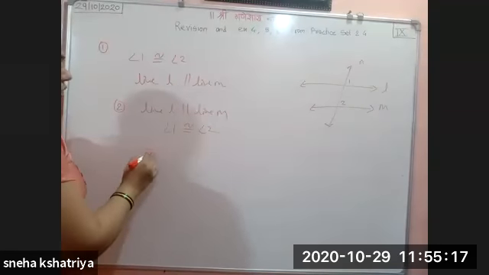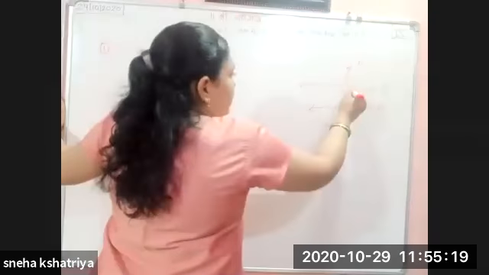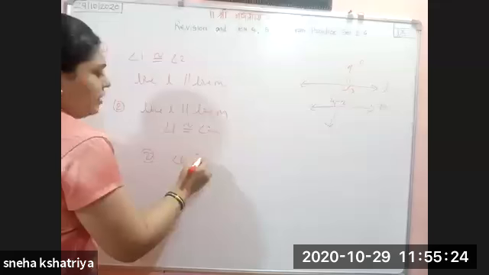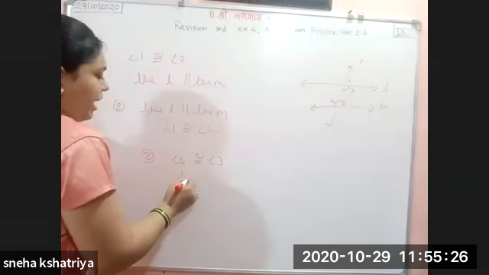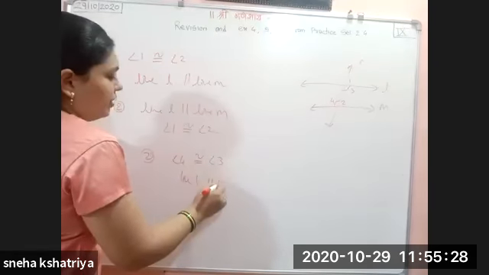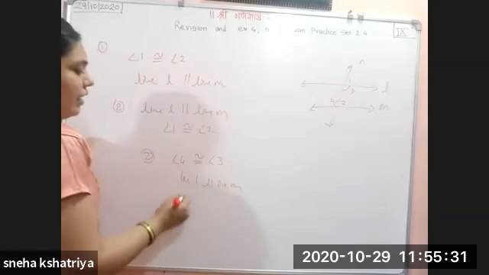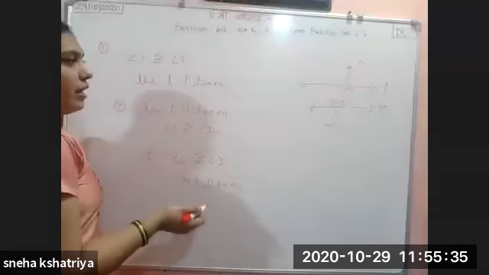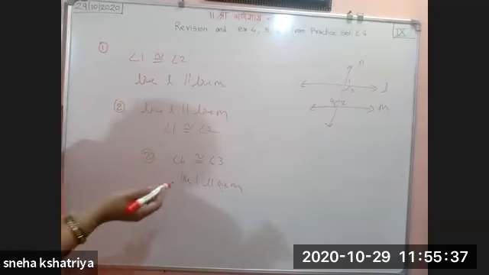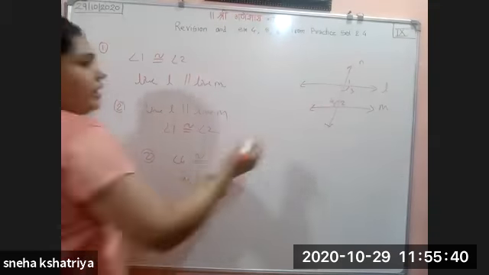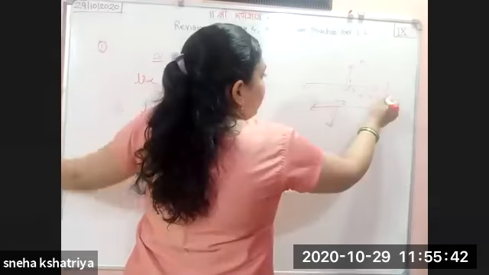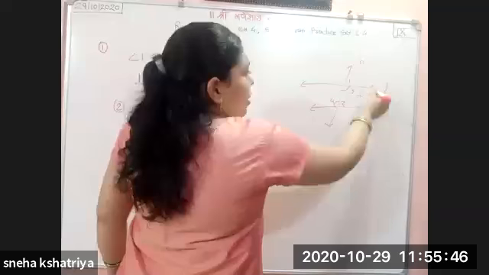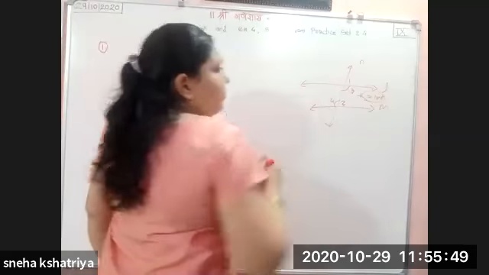The second one we can take: the alternate angles, here 3 and here 4. If a pair of alternate angles is congruent, then the lines are parallel, and if the lines are parallel, then these angles are congruent. Similarly for the third, the interior angles formed on one side: if they are 180, then the lines are parallel, and if the lines are parallel, then they are 180.